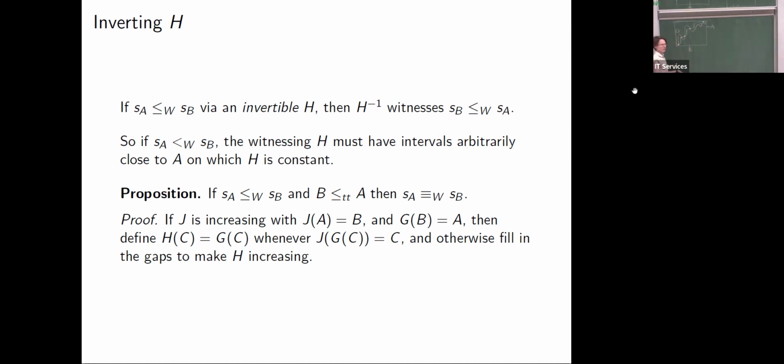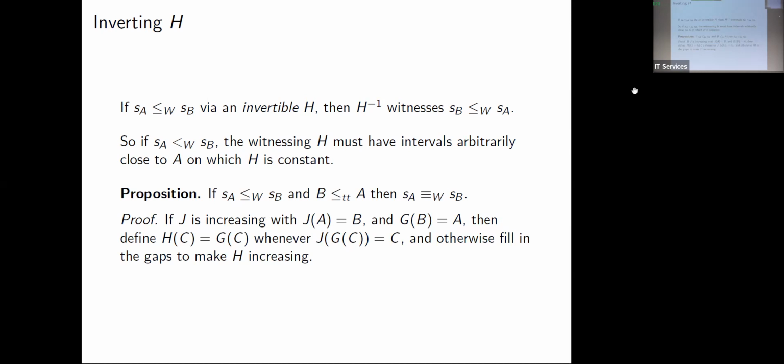And then in between that Π01 class, to construct a reduction, an increasing function reducing B to A, you can just fill in between those points in some increasing way, and that will work out. So in some instances, even when the reduction from the step at A to the step at B has many flat parts and you invert it, it's sometimes possible to repair that and still get an equivalence.